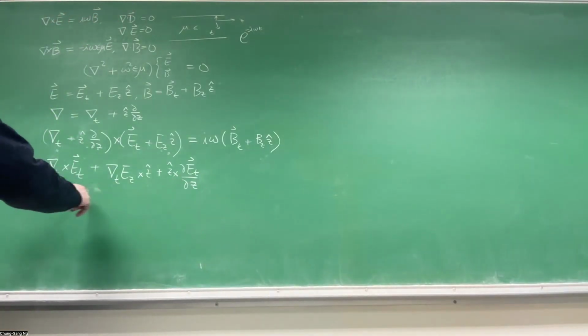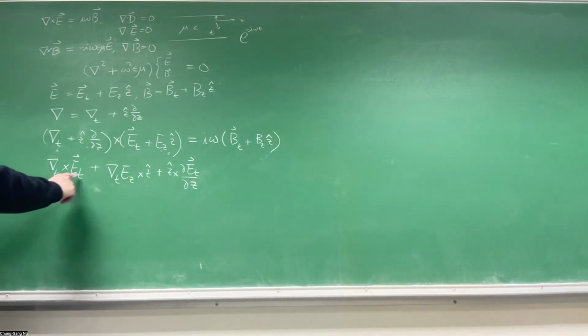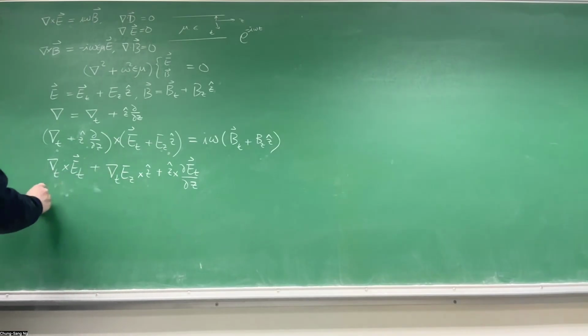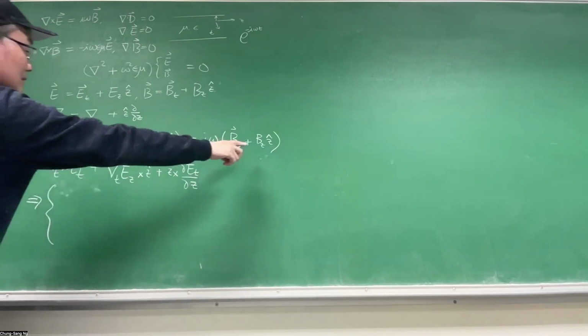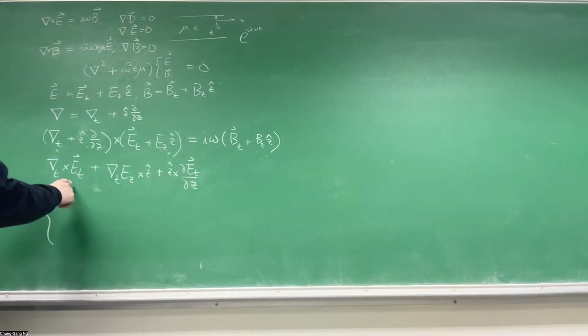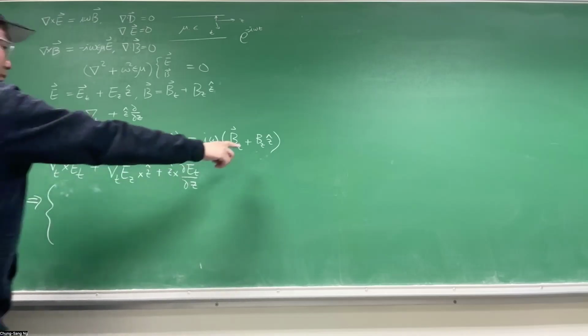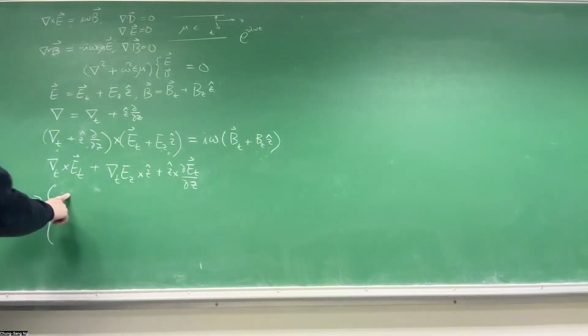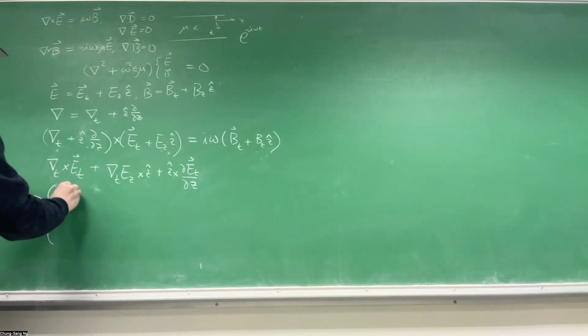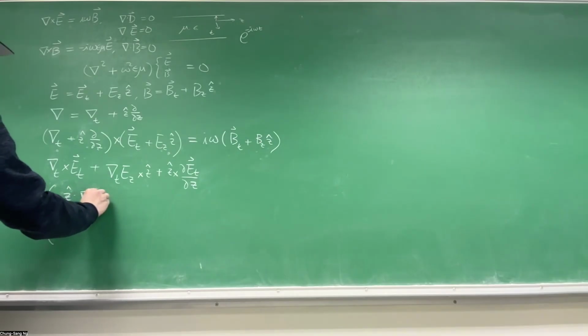So let's separate and then simplify. So this in the z direction, so this gives two equations. The first equation is the z component, which is this equals that one. Because this is in the z component, so only one component, you can take a dot product. So z dot into grad t cross E_t.